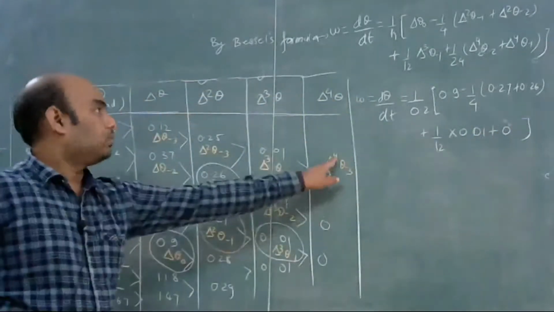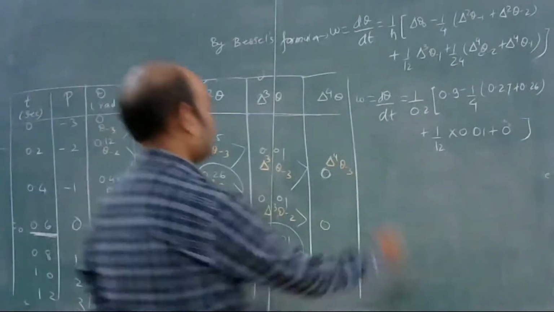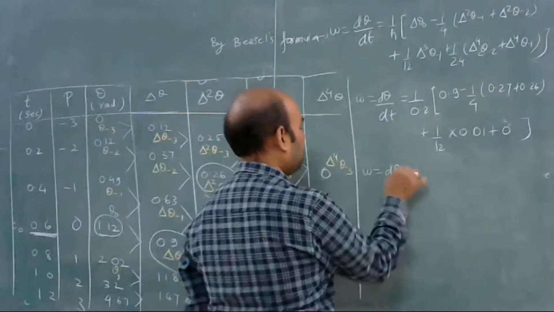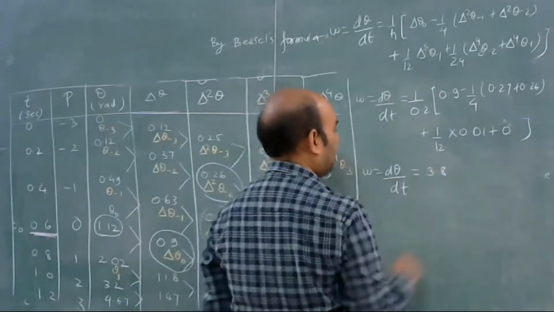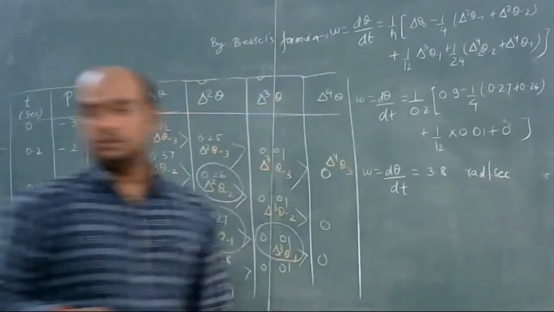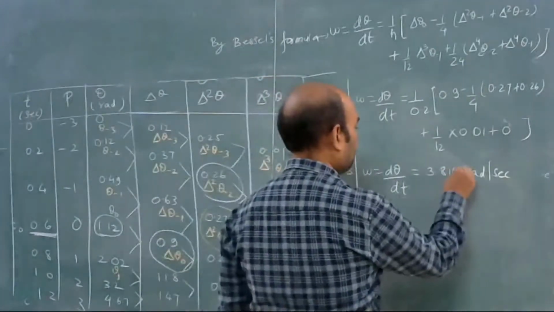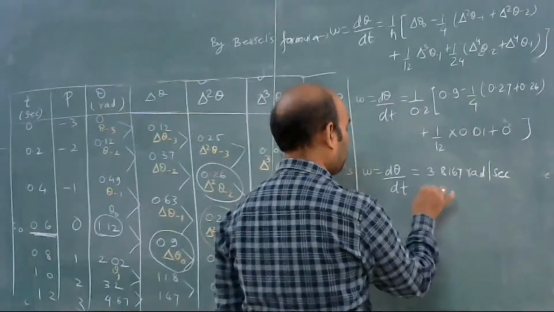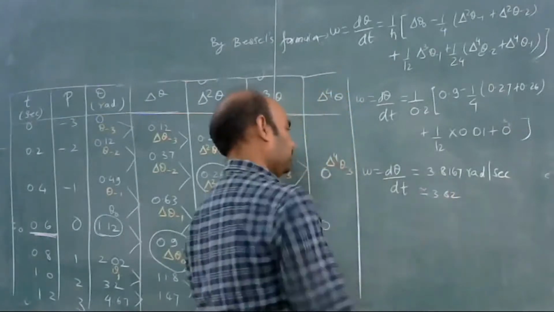Del to the power 4 is 0, so this will be 0. On solving this, you will get omega is equal to d theta by dt is equal to 3.167, or approximately 3.8 radian per second.